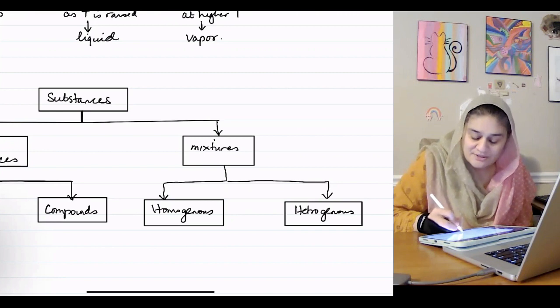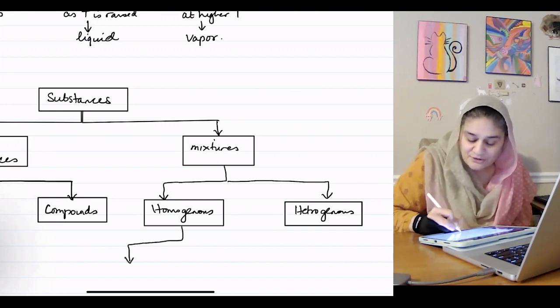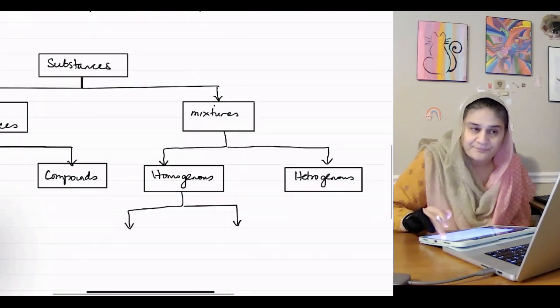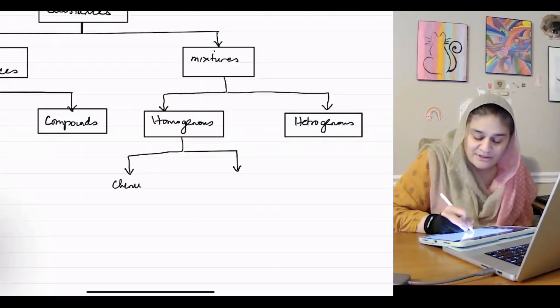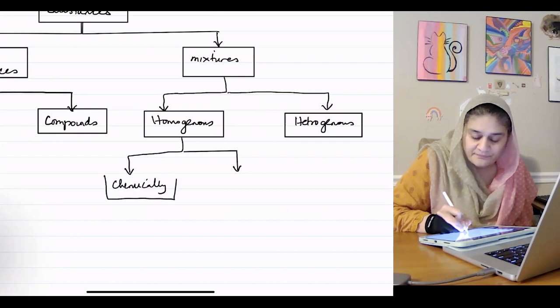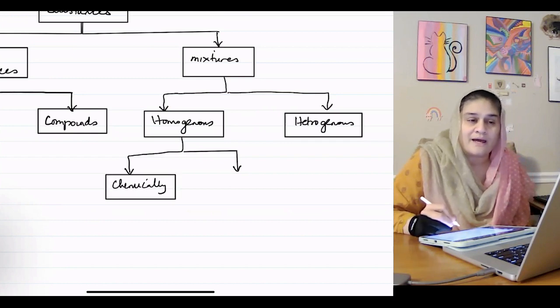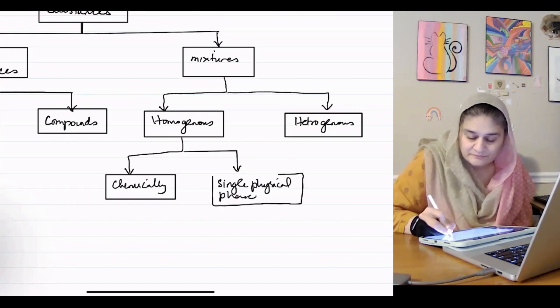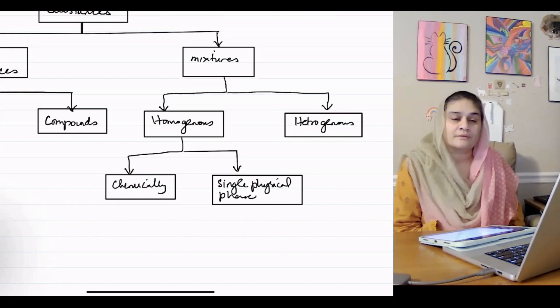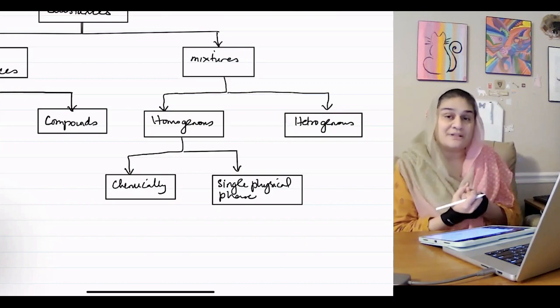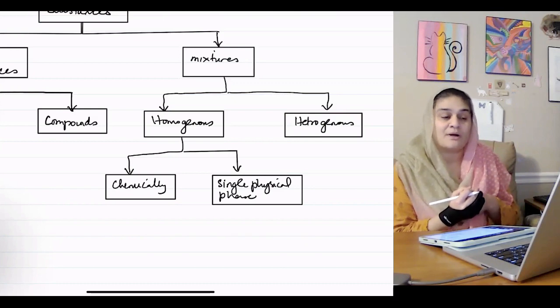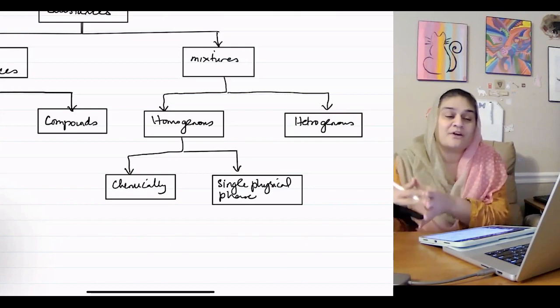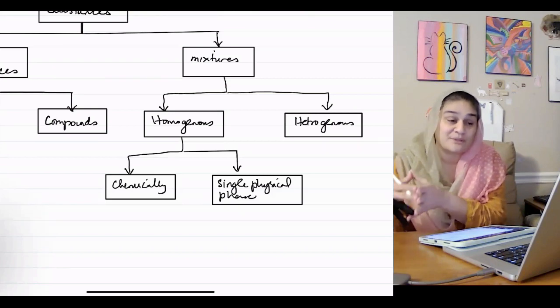So homogeneous mixtures can further be divided into two parts: they are either chemically homogeneous or they have a single phase. On the other hand, heterogeneous mixtures do not have the same composition throughout, and we are able to distinguish the various compounds in the heterogeneous mixtures from each other.